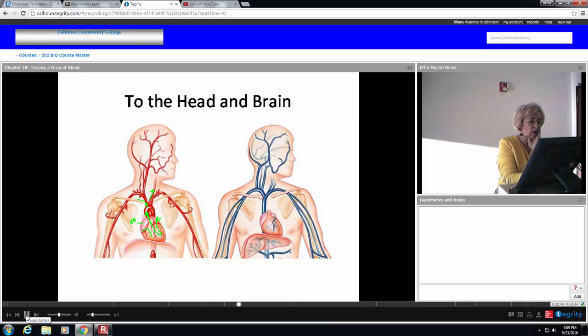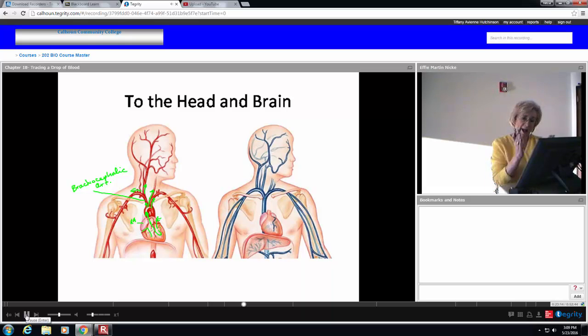This branch right here that soon divides here and here into two different ways for blood to flow is called the brachiocephalic artery. You only have one of those because the left side, whether you go to your head or whether you go to your arm, have their own exit.